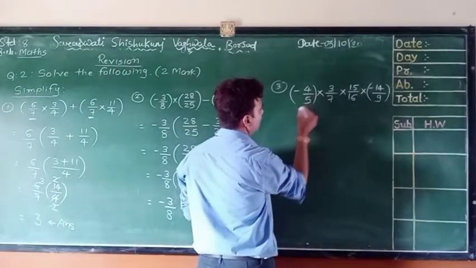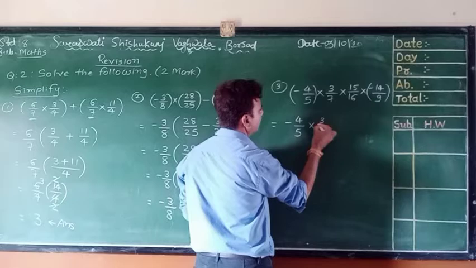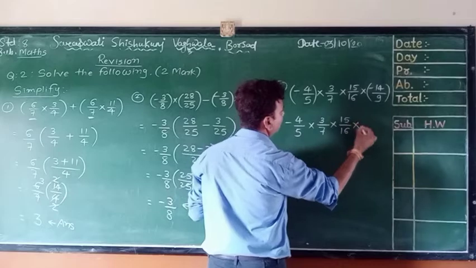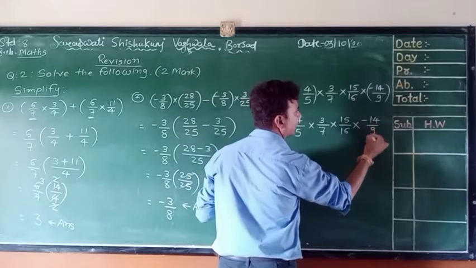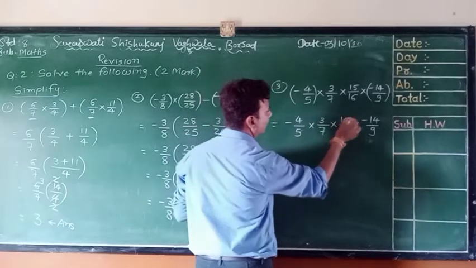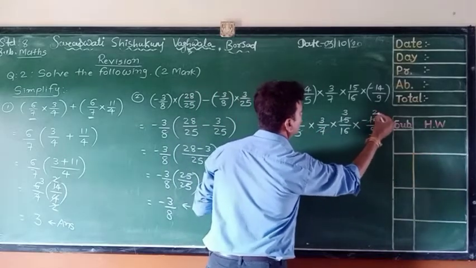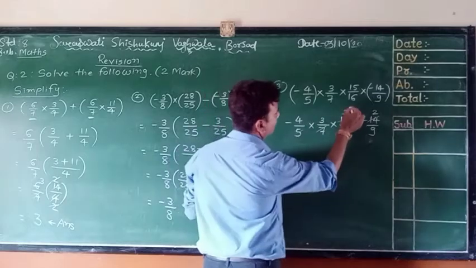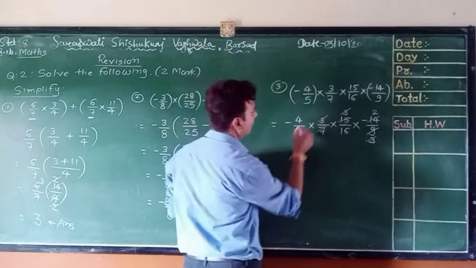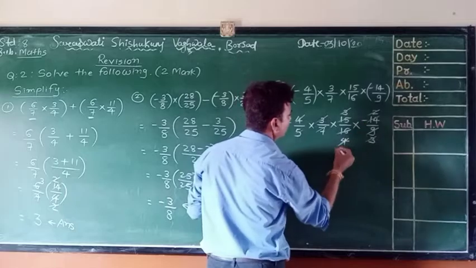See, minus 4 by 5 multiply 3 by 7 multiply 15 by 16 multiply minus 14 by 9. So we can cut: 5 3s are 15, 7 2s are 14, 3 3s are 9. This 3 is cut, and 4 4s are 16 and also 2 2s are 4.